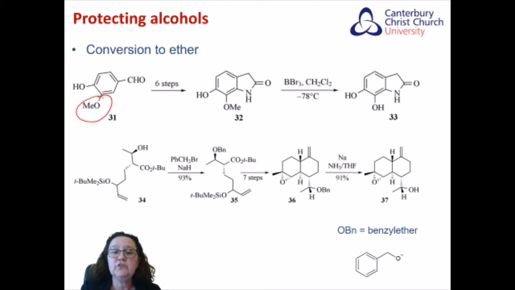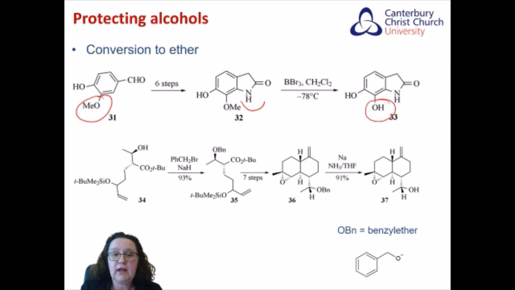You do a series of reactions to produce this part of the molecule, and then when it's not necessary anymore, you can liberate your ether and reform a hydroxyl group.